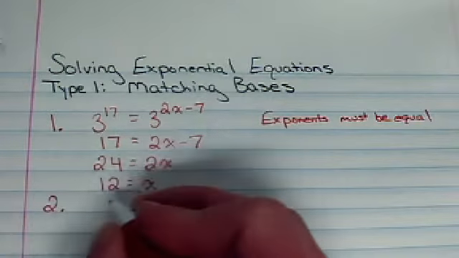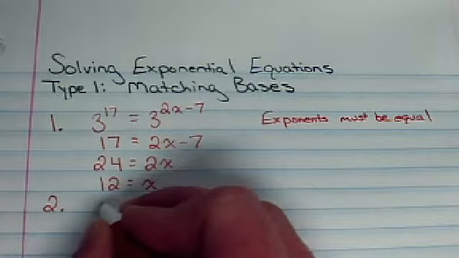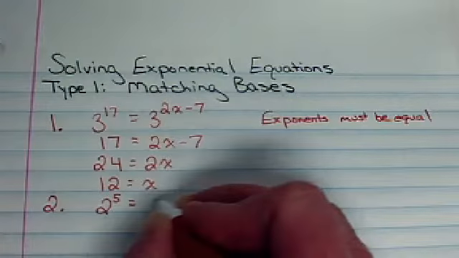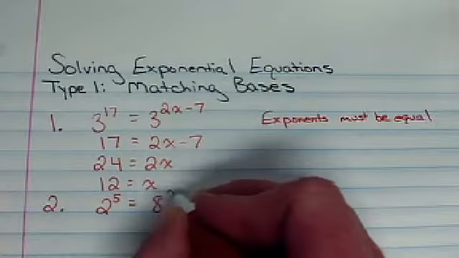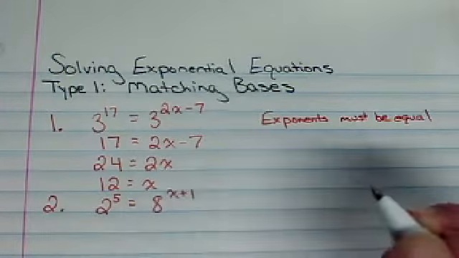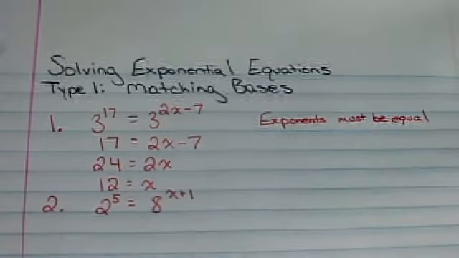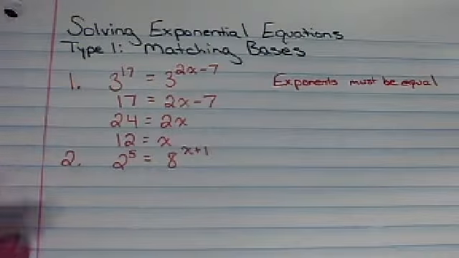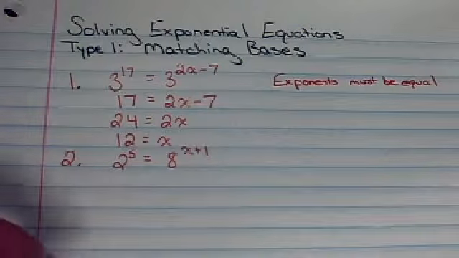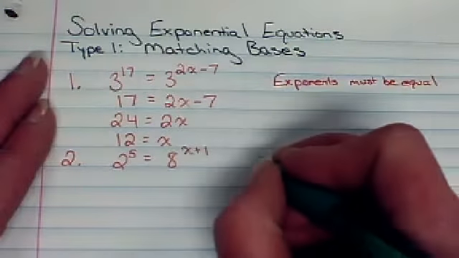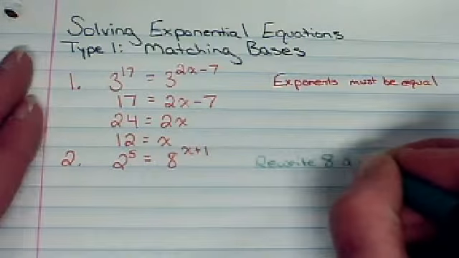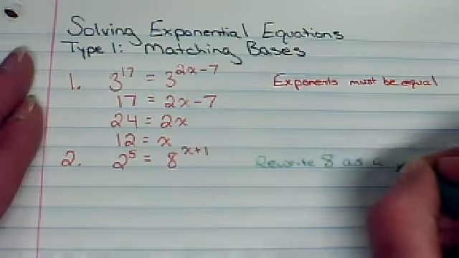But what if they weren't matching to begin with? Well, one option is to see if they could match. Is there any way we could rewrite 8 as a power of 2?